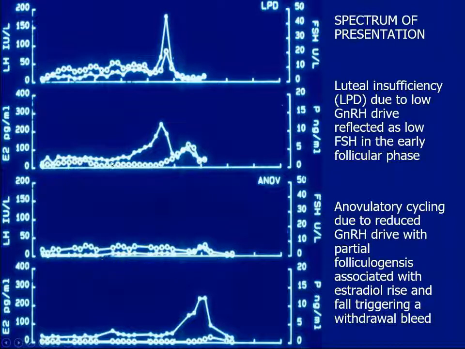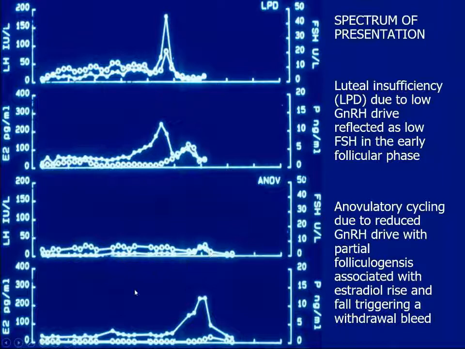And we know that this is not from impending premature ovarian failure, because what you see are LH and FSH levels kind of wobbling, probably because there are intermittent stressors. And here below is a person who has what's called anovulatory cycling, so they have more or less a rise in estradiol, no rise in progesterone, and when estradiol crashes, they have a period, but their gonadotropin levels are low.